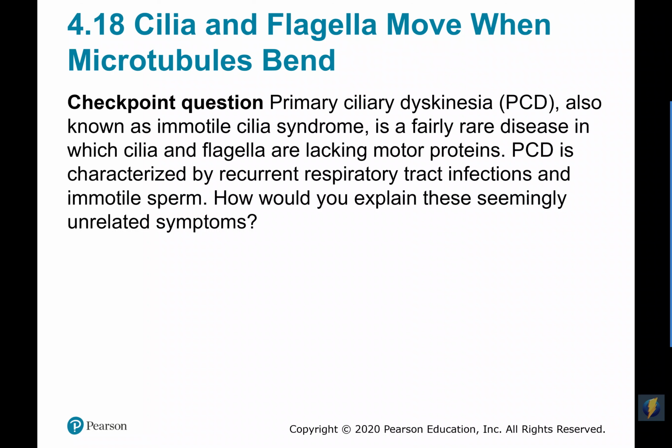But when the cilia are not motile, when they can't move, that makes the respiratory tract much more prone to infections. Now sperm don't have cilia, but they have flagella. And so if you have flagella with no motor proteins, then the sperm are not going to be able to move, they're not going to be able to swim, and that person will have some fertility issues.